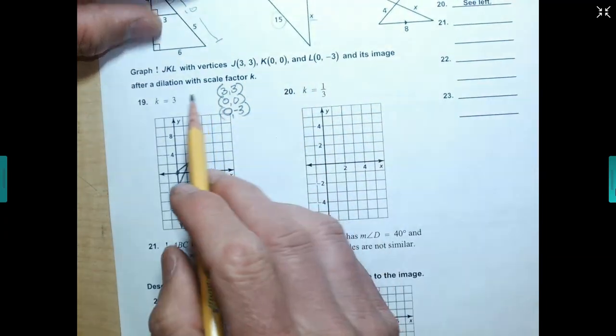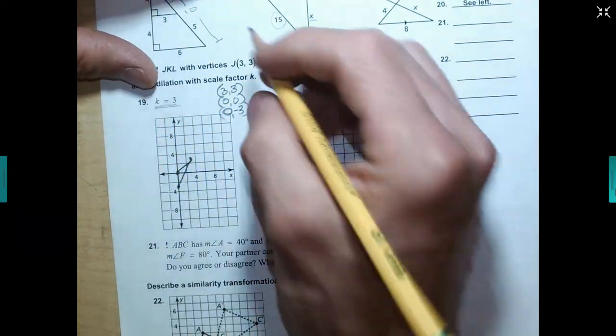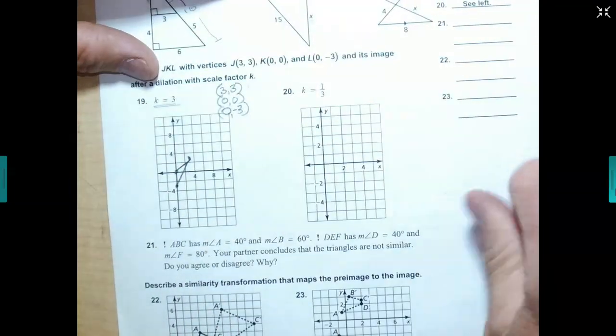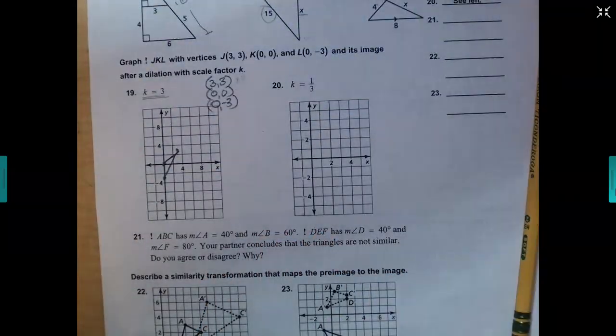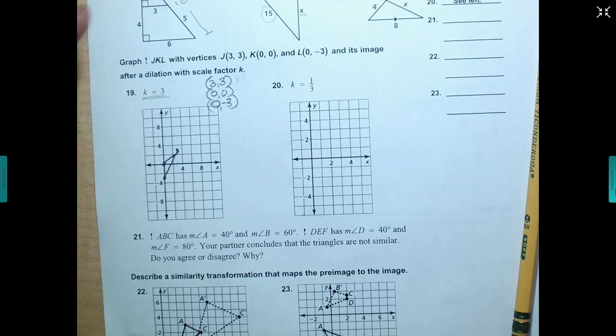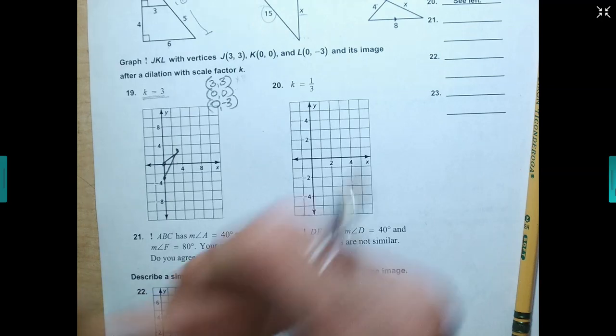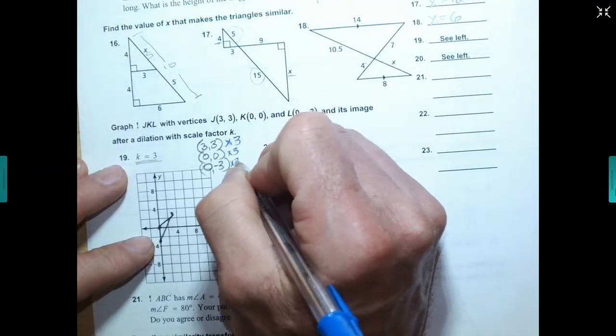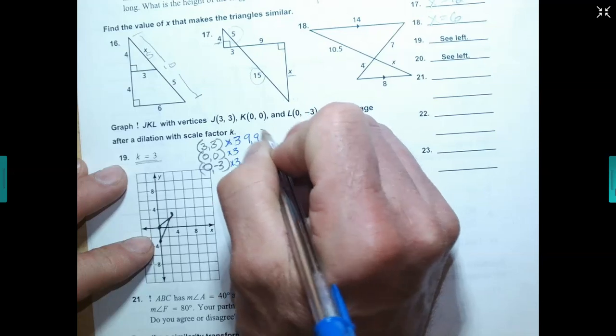Okay. And now I have a scale factor of 3, so I have to multiply the x and the y by 3. Oh man, I got rid of my great red pen. So times 3. So I have 9, 9.